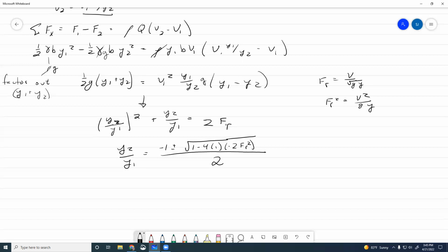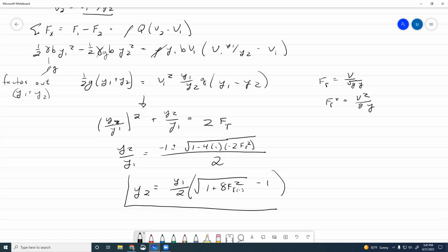And then solving for all of this, you end up with y2 is equal to y1 over 2 times the square root of (1 plus 8 Froude number squared), and this is Froude number 1, minus 1. So this is ultimately what we're solving for. y2 is called our sequent depth.